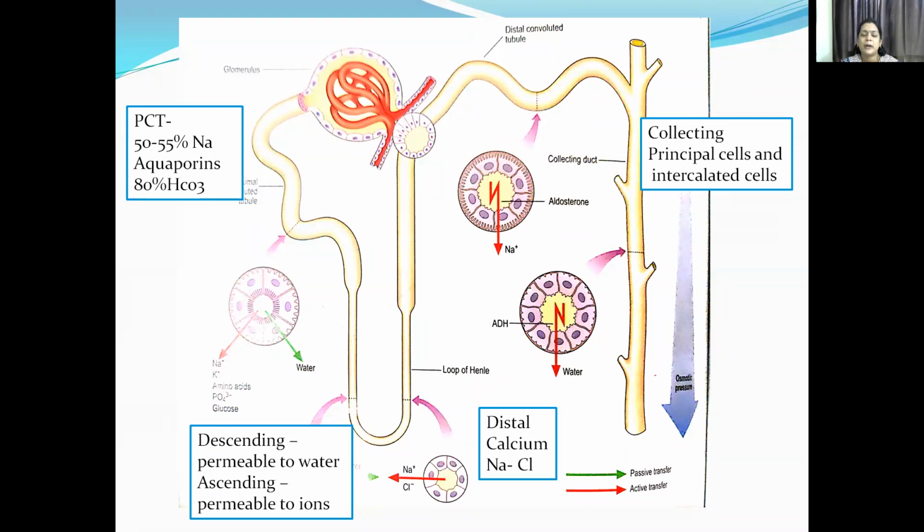So this is, in very brief, about the proximal convoluted tubule where maximum reabsorption happens, and then the descending and the ascending limbs, loop of Henle, the distal convoluted tubule, and the collecting duct with the principal cells and the intercalated cells. The collecting duct will usually open into the renal papillae either obliquely or linearly.